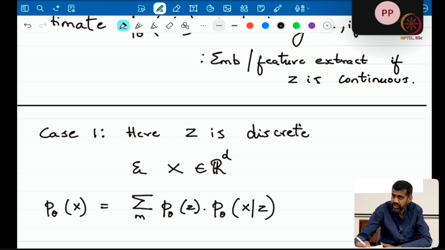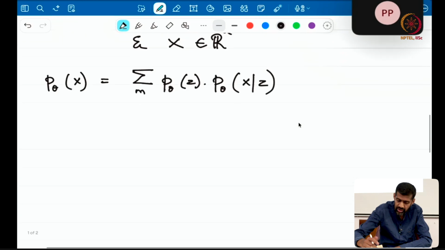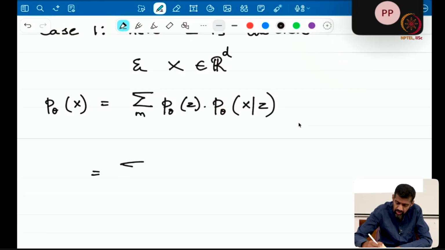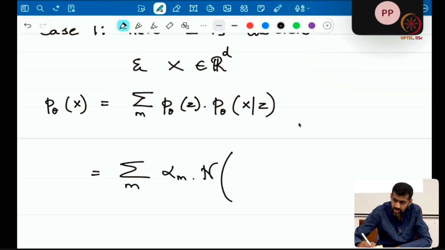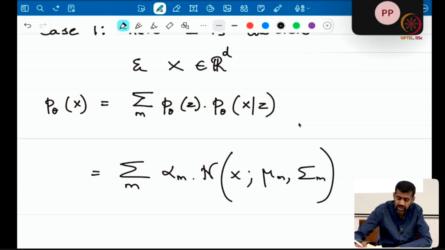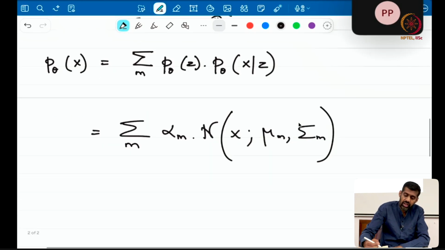This is the definition of the latent variable model. So, in a mixture density, we make z a discrete random variable and represent the density P theta of z with alpha m, and all these individual component densities are Gaussian distributions with a particular mean and variance, mu and sigma. This is our GMM model. You remember this, right. Now, there are m components here.